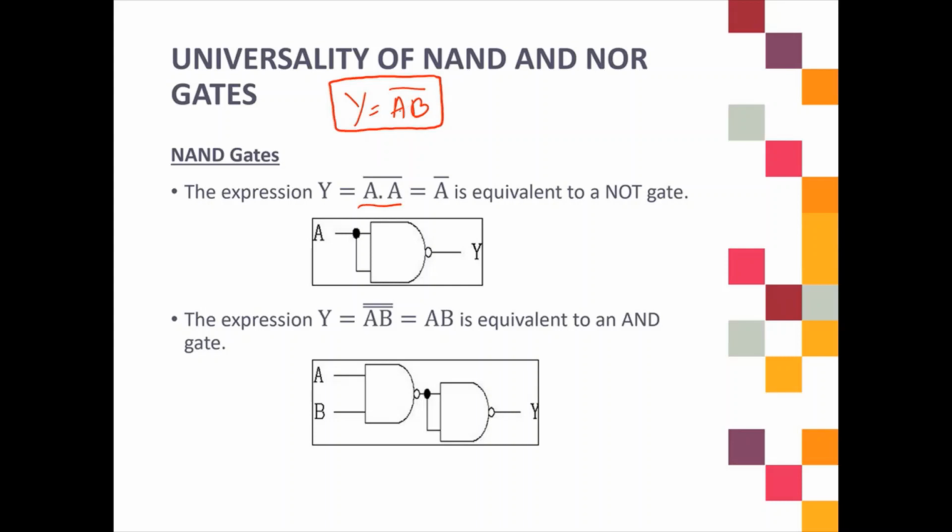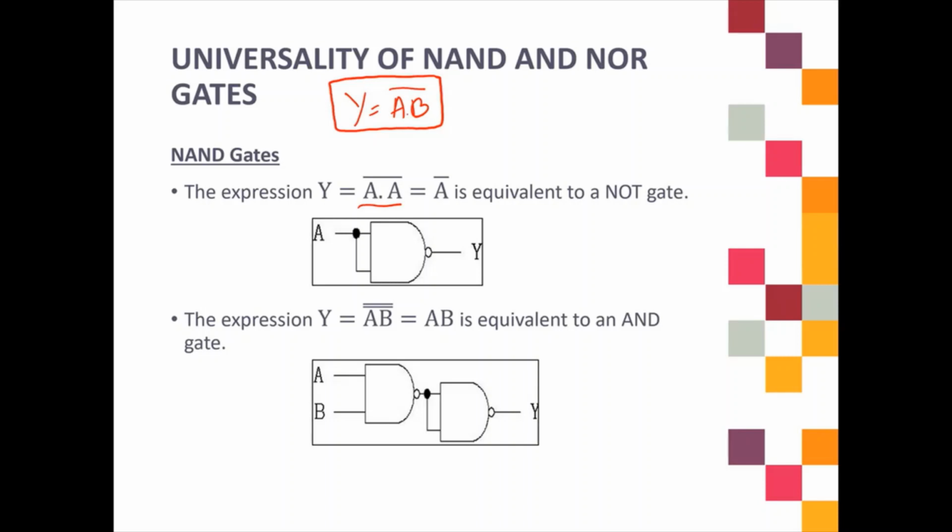For this example, a, b, and then of course you need to have the dot sign, or you can just omit the dot sign, and the most important thing is the bar on top of the variables. So you must remember, for NAND you need at least two variables, and then you have a bar on top.